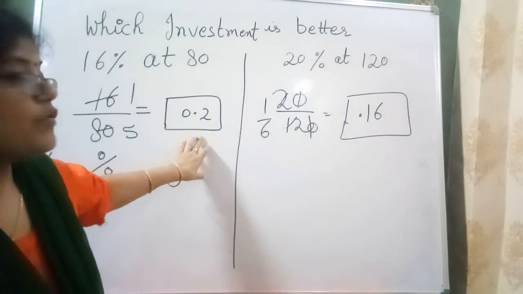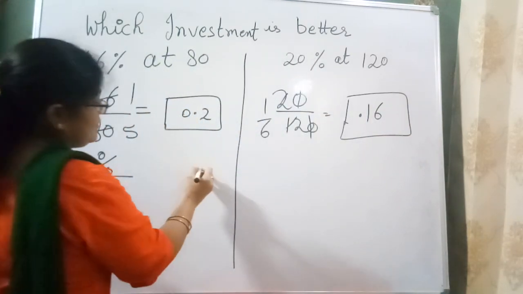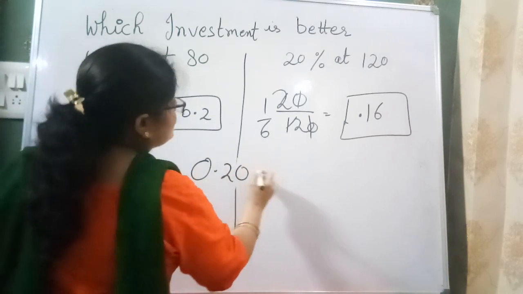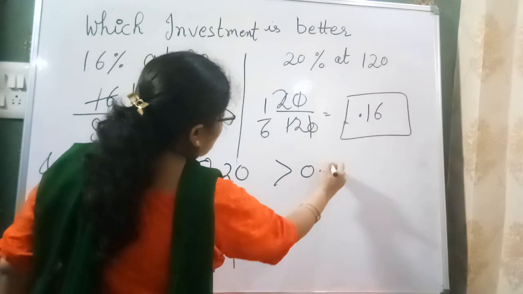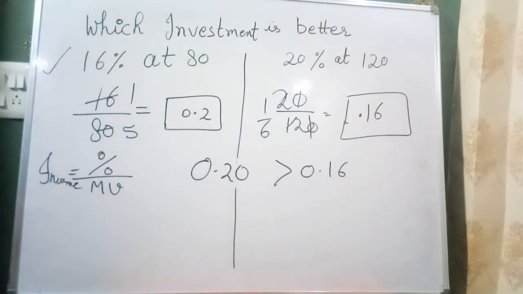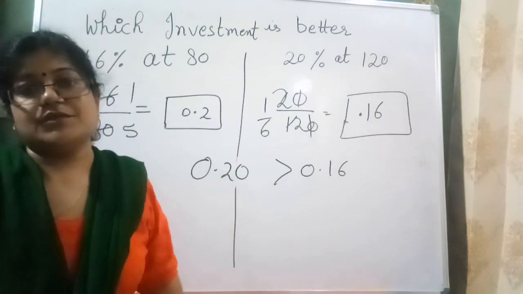When we watch these two, this is 0.20 and it is greater than 0.16. That means 16% at 80 is a better investment.